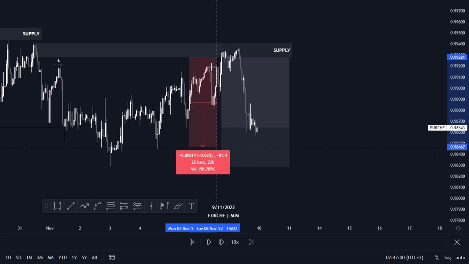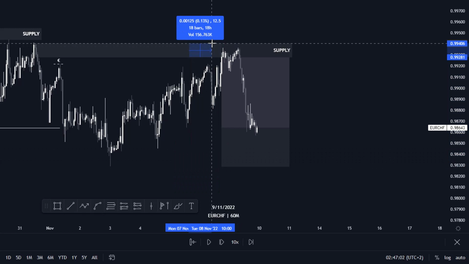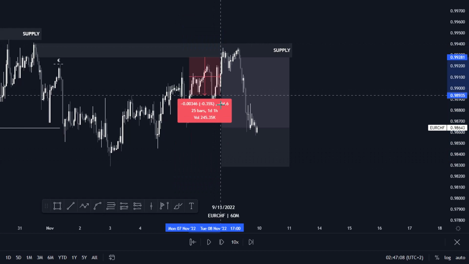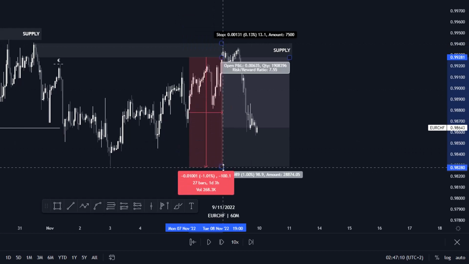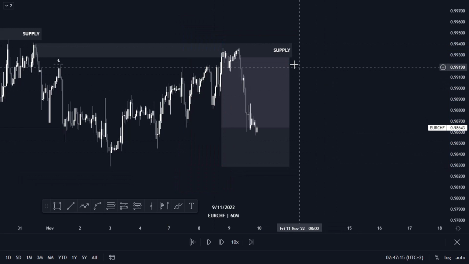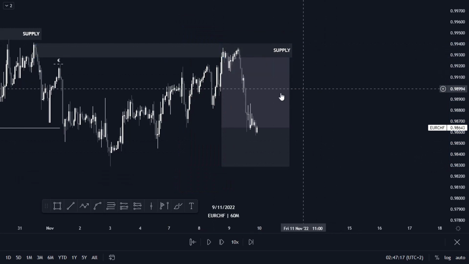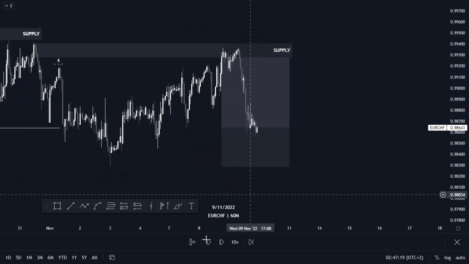Okay, so if you opened a 0.50 lot size, you'd be risking $60 for a trade that's worth $500.